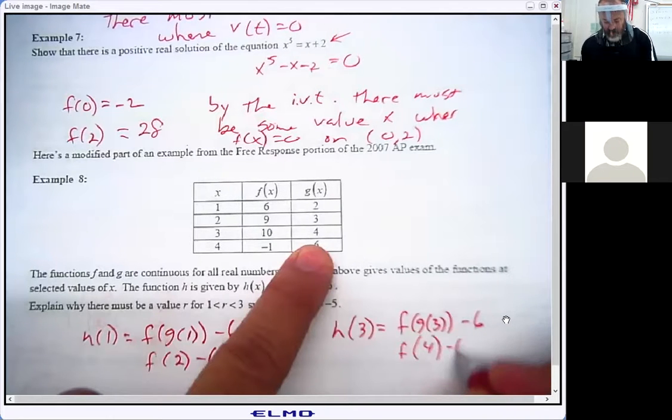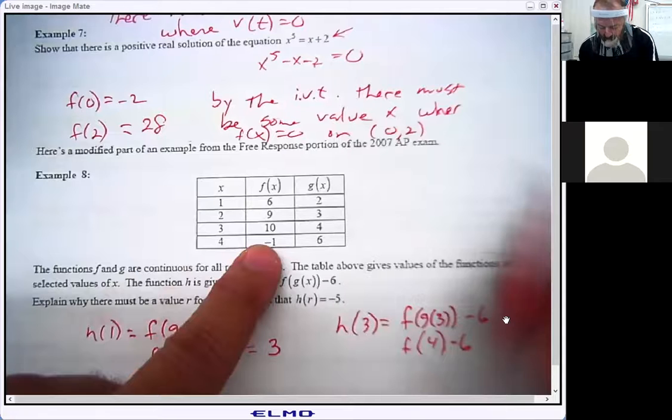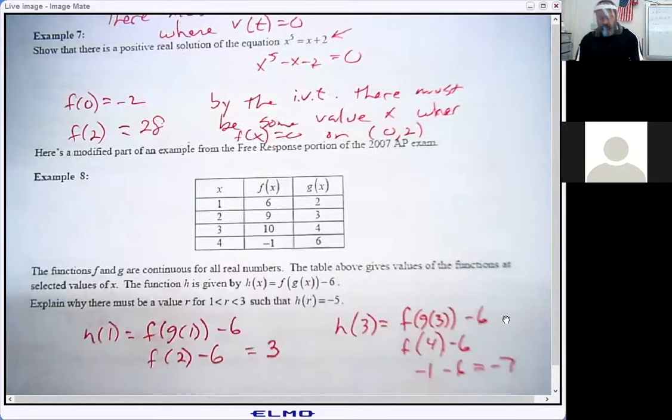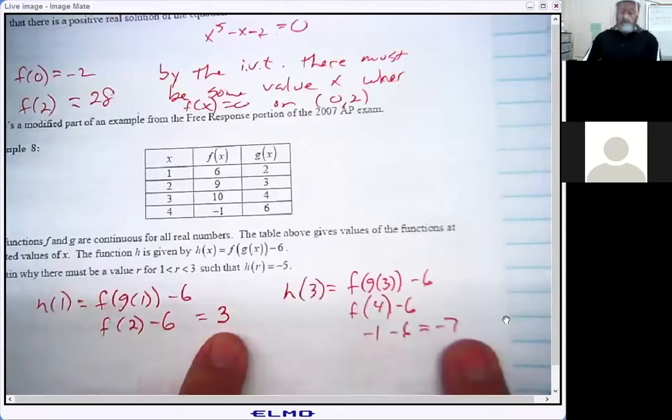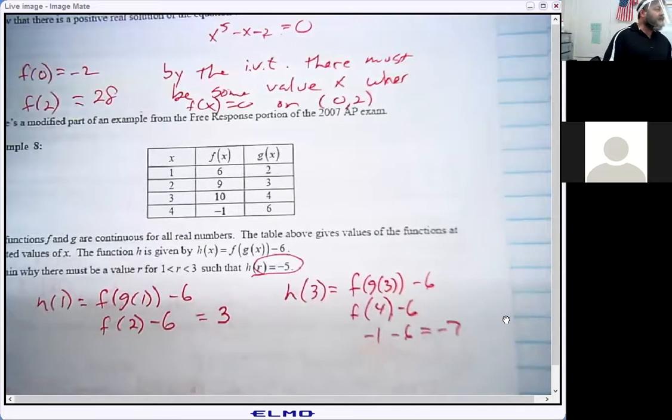Didn't like that for a second, but I was looking at the wrong function. F of 4 was negative 1 minus 6, which is negative 7. So would it be true that if it went from 3 to negative 7, that somewhere in that journey, it would have to cross through negative 5? Isn't that kind of weird?